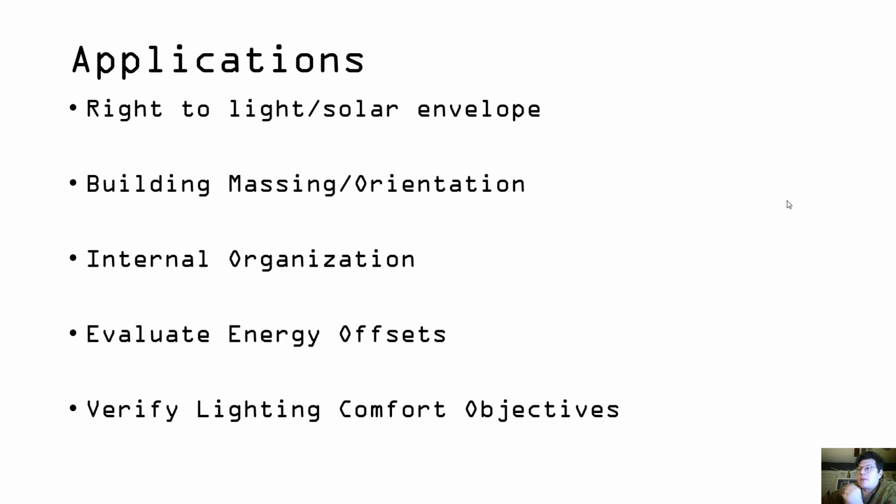I mean, if we can determine that a space can be daylit 70% of the time and hit certain illuminance levels that are acceptable to perform an activity, then we know that we can reduce electrical demand in these spaces during these times of day.